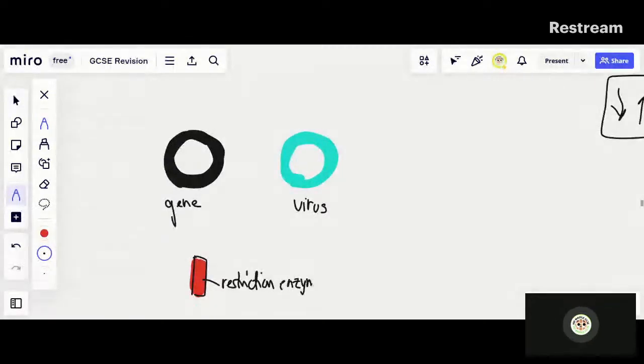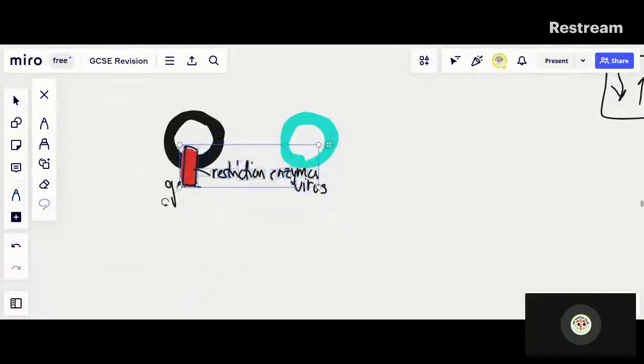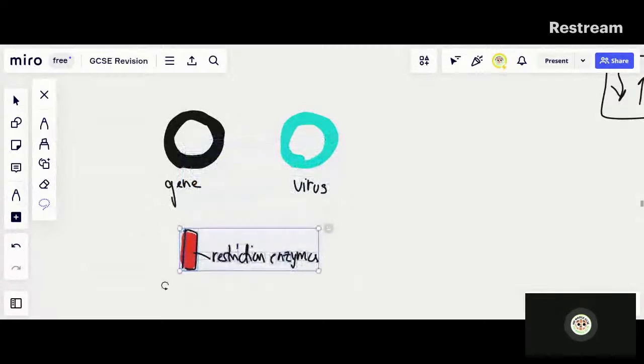What happens is the restriction enzyme goes to the gene, cuts out an area of the gene, like so, and then extracts this, and it does the same thing to the virus or the bacterial plasmid. So it cuts out a bit of the virus.